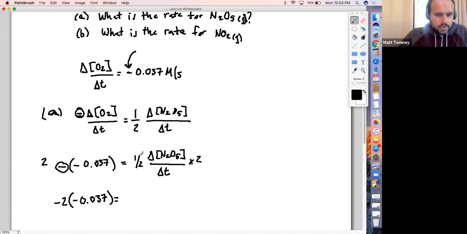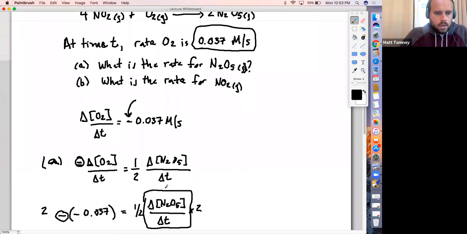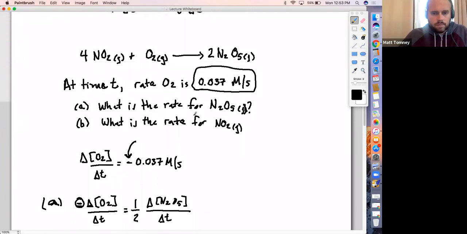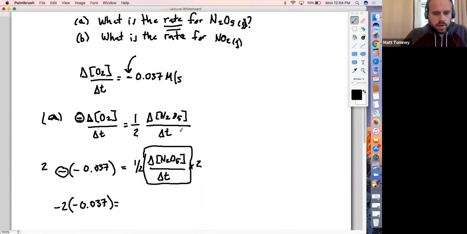And so this is the rate of the product formation. Okay, now keep in mind it said what is the rate of the product formation. So this is going to be the answer here.